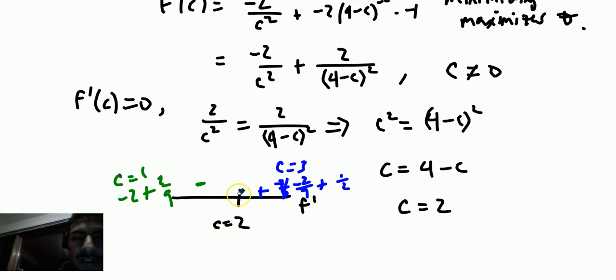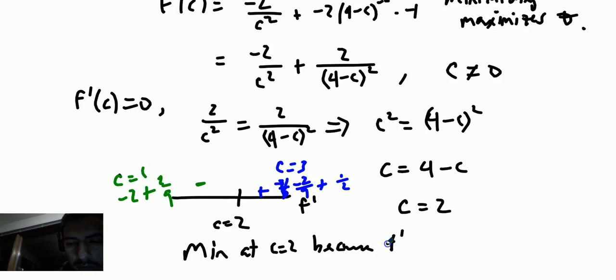I do indeed have a minimum at C equals 2, because f prime of C changes from a negative to a positive.